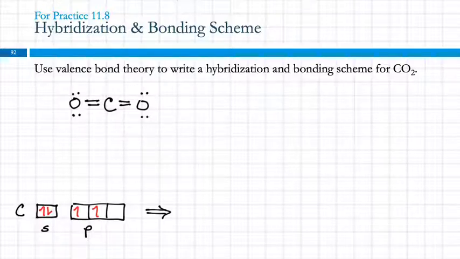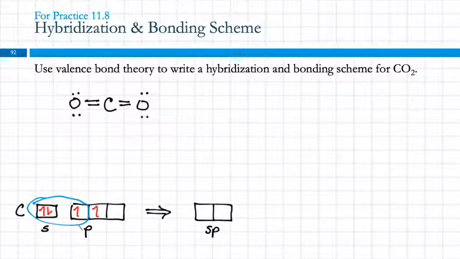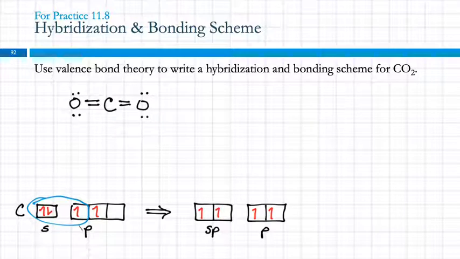I need 2 equivalent orbitals. So I'm going to put these together. So I've got S and P. That's an sp. And then I have left 2 unhybridized p orbitals. And then putting the 4 electrons in, because the energies are very similar, they're going to each have their own orbital. So this is the carbon hybridized.